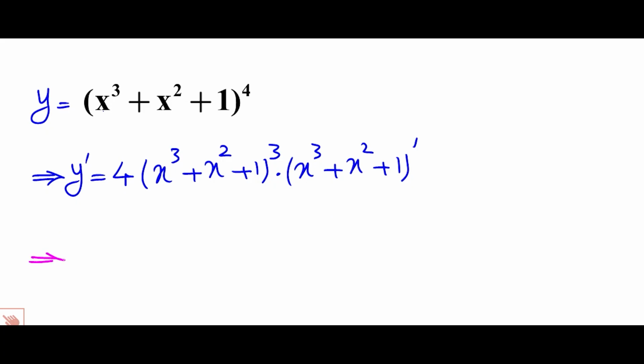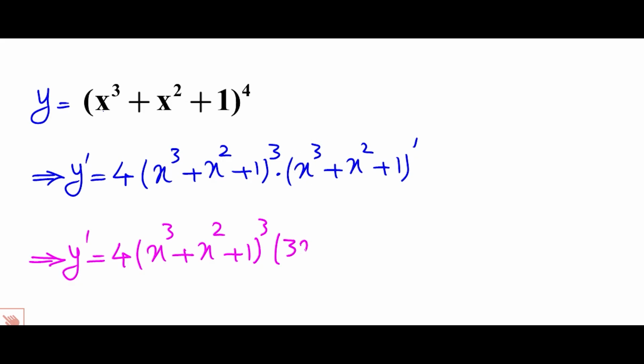So y prime is equal to 4 times x cubed plus x squared plus 1 whole cubed times the derivative of x cubed, which is 3x squared, plus the derivative of x squared, which is 2x, and the derivative of 1 is nothing.